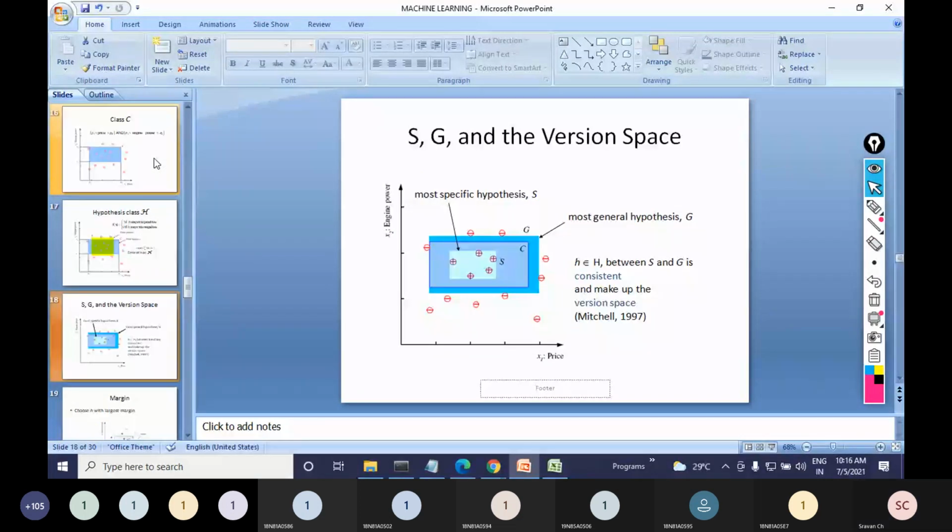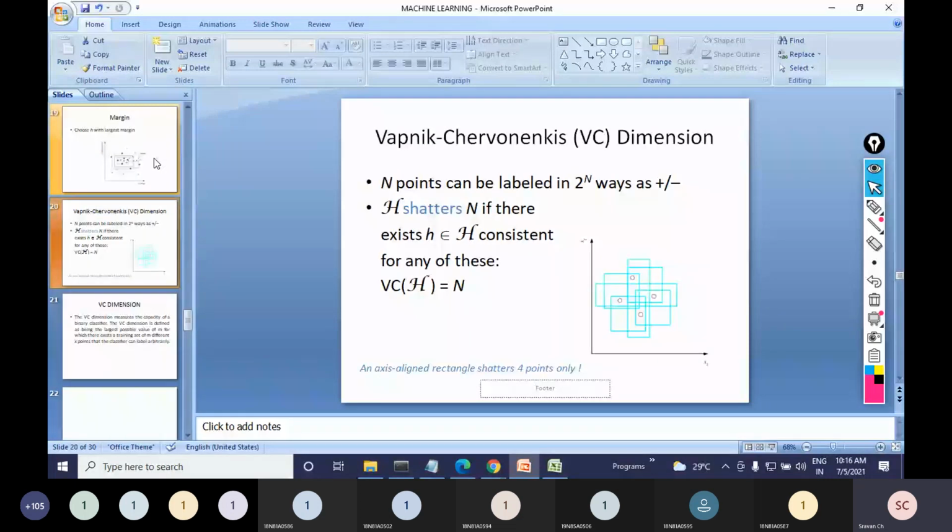VC stands for Vapnik-Chervonenkis dimension. It's the name of the person who actually designed it. So what we are going to do in VC dimension is shatter, which means spread across, our hypothesis. We are going to shatter our hypothesis, such that H shatters N. All the data points, we will try to shatter the data points and see if there is any hypothesis which belongs to the hypothesis space.